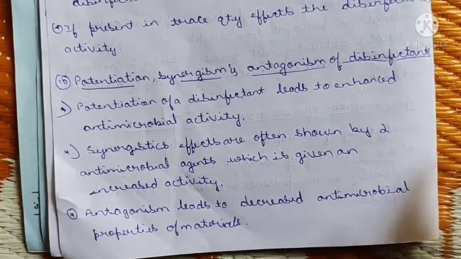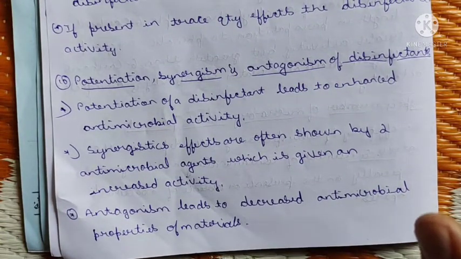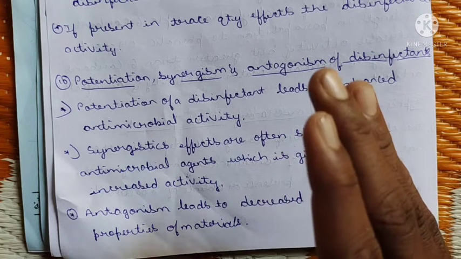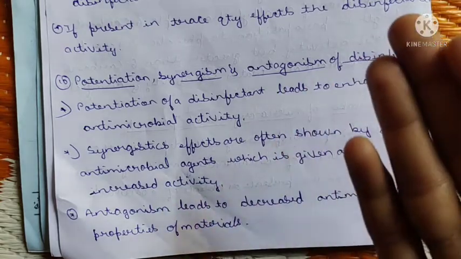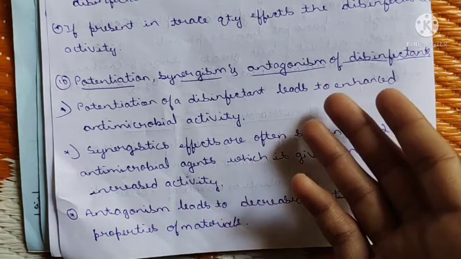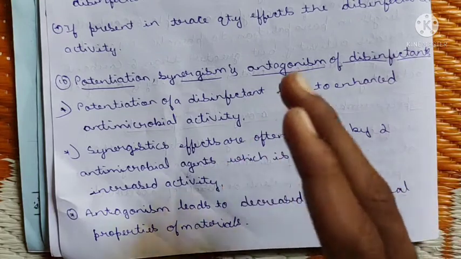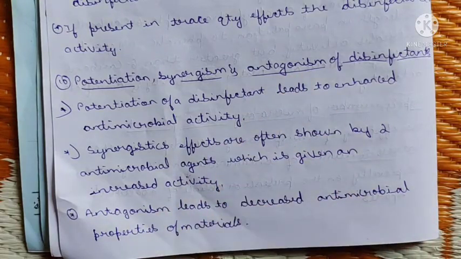Then antagonism leads to decreased antimicrobial properties of the materials. Anta means opposite action. If the potency of the disinfectant or the synergistic property increases, then to neutralize and reduce the property of these two, we use antagonism. Antagonism means opposite action, decreasing the activity.